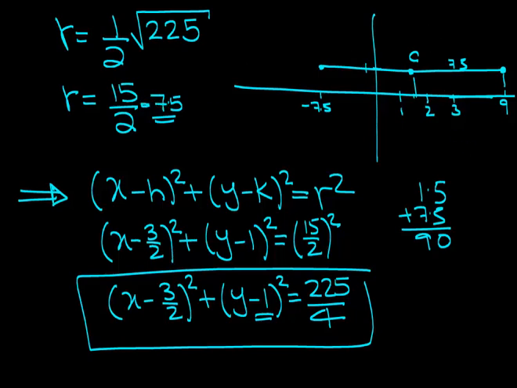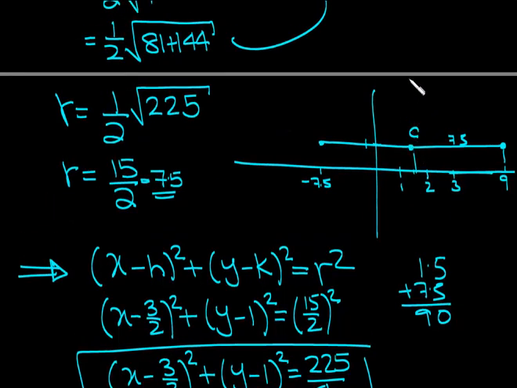So if you add 1 plus 7.5, that'll give you a point up here somewhere. This would be 8.5 vertically, because you took 1 and added 7.5. So the coordinates of this will be 1.5 and 8.5. The coordinates of this will be 9 and 1. The coordinates of this will be negative 7.5 and 1.